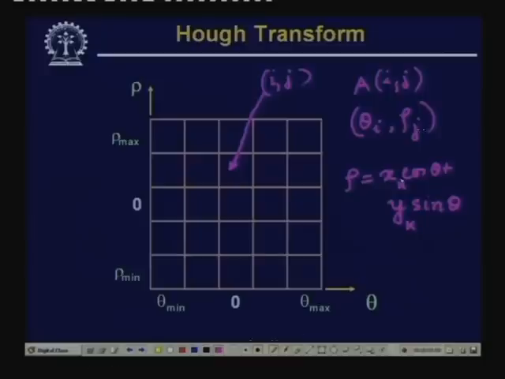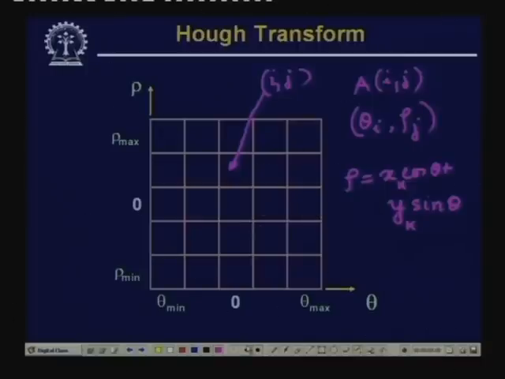What we do is we allow the value of this variable theta to assume any of these allowed values as given in this accumulator cell. So, the theta can assume any of these allowed values between this given maximum and minimum, and we solve for the corresponding value of the rho.